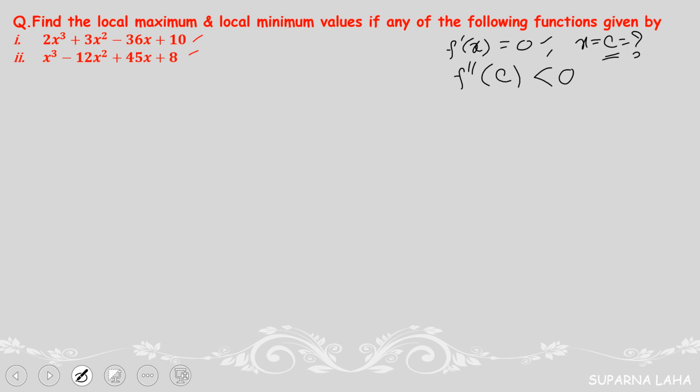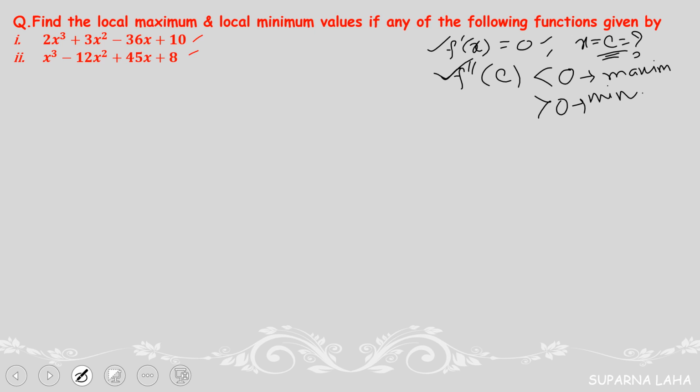Is it negative or is it positive? If it is negative, that means a maximum value exists. And if it is positive, then a minimum value exists. So our first work is to find the first derivative, then find this c, and then check whether the second derivative is greater than 0 or less than 0.